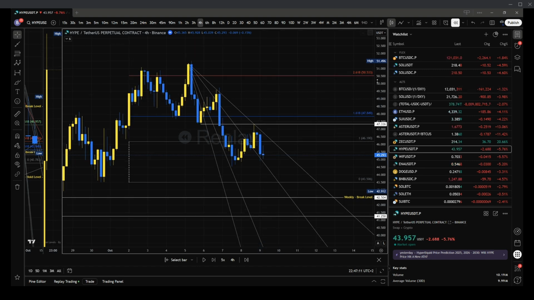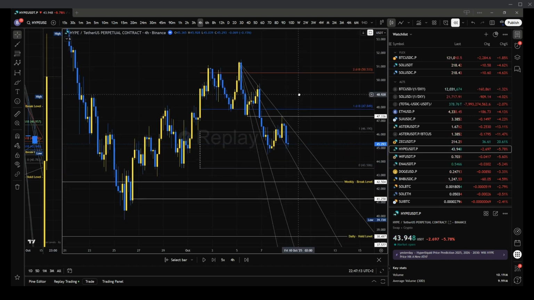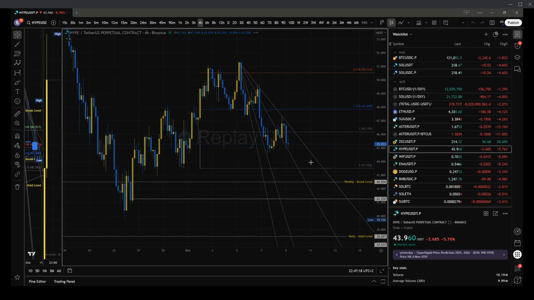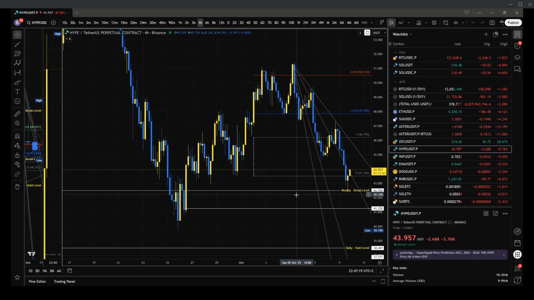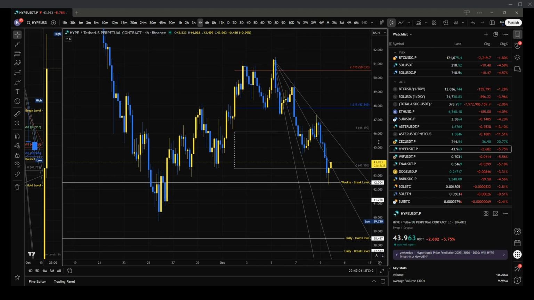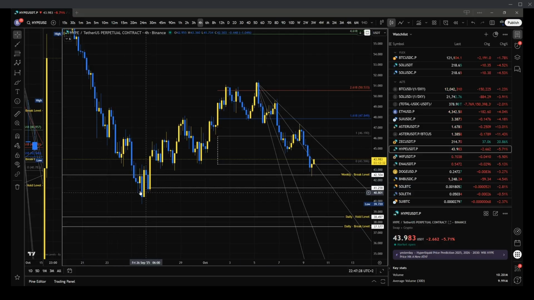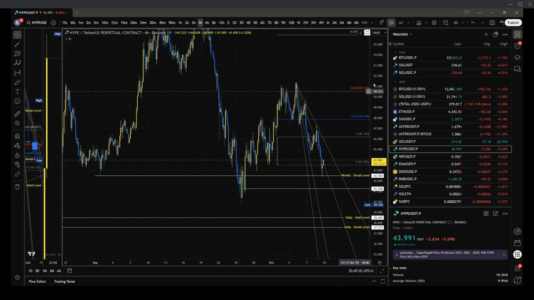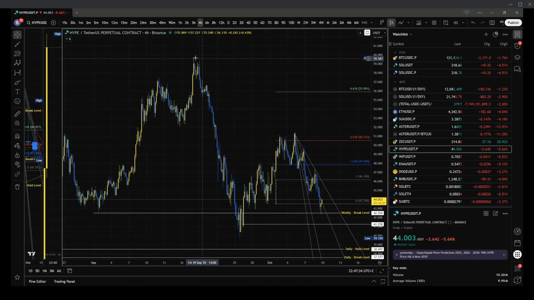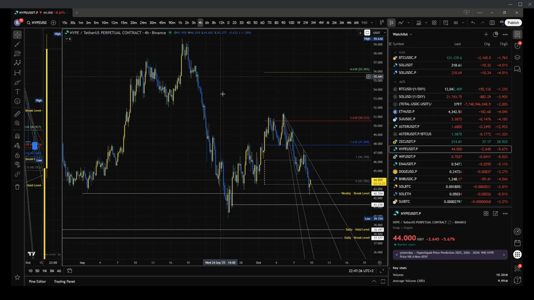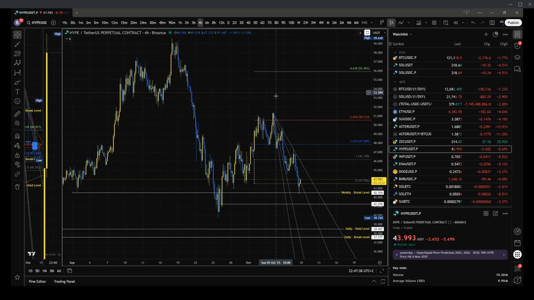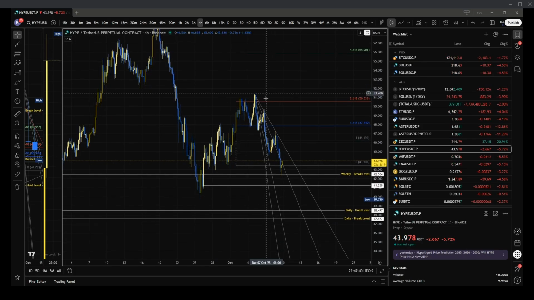So yeah, but again, going to the most recent example, the probability of this area here is much higher because that's also the floor of the range. It's a prior overall low. That's your total swing high. That's your swing low. These are your swing highs again.